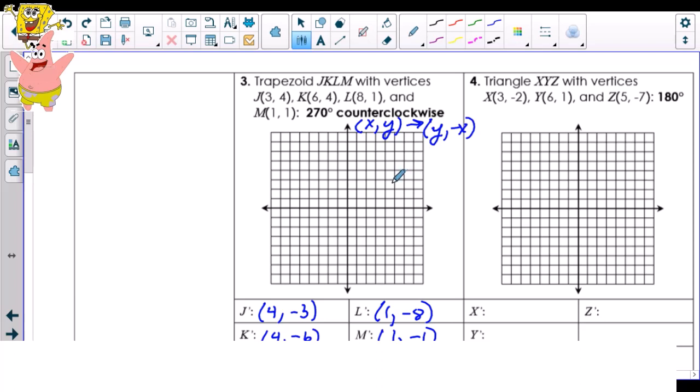So we're going to plot these points. So J is at 3, 4. And then K is at 6, 4. And then L is at 8, 1, like that.